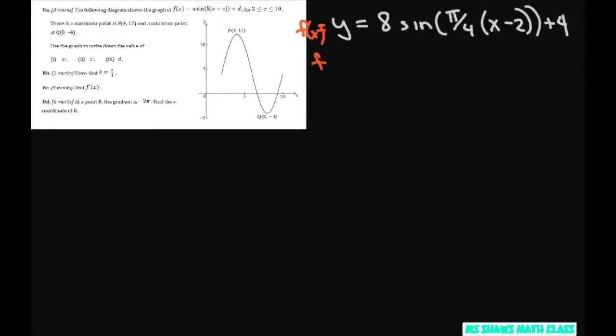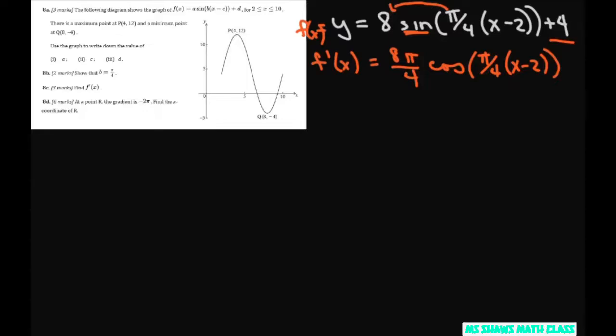So f prime of x is going to equal, and you multiply these two, so that's going to be 8 times pi divided by 4, and then you have cosine. The derivative of sine is cosine, and you just keep the inside, pi divided by 4, x minus 2.